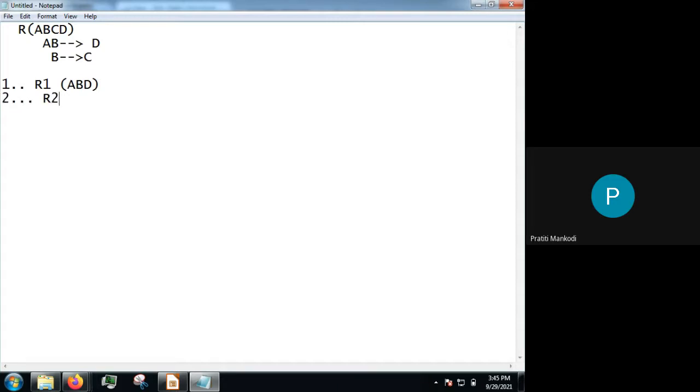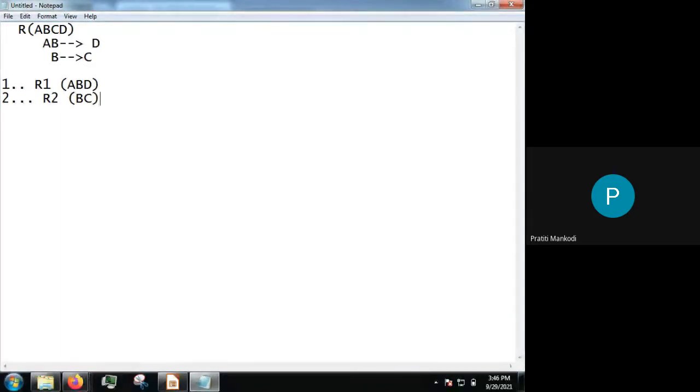Now C. As per the functional dependency, C can be obtained with the help of B only, right? So can I decompose the second table like this? Now my C is totally dependent on the key attribute.